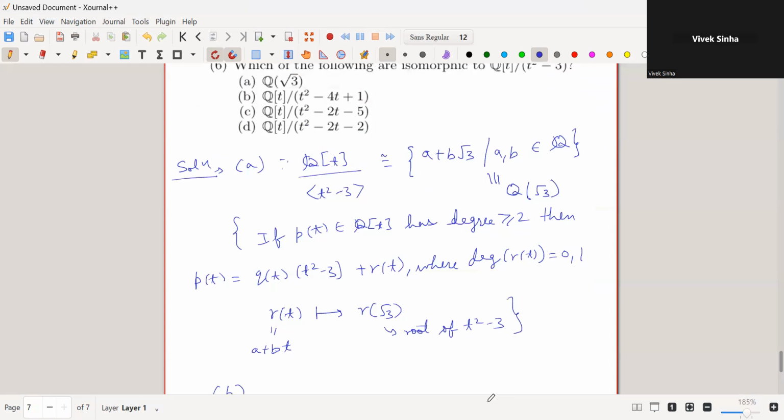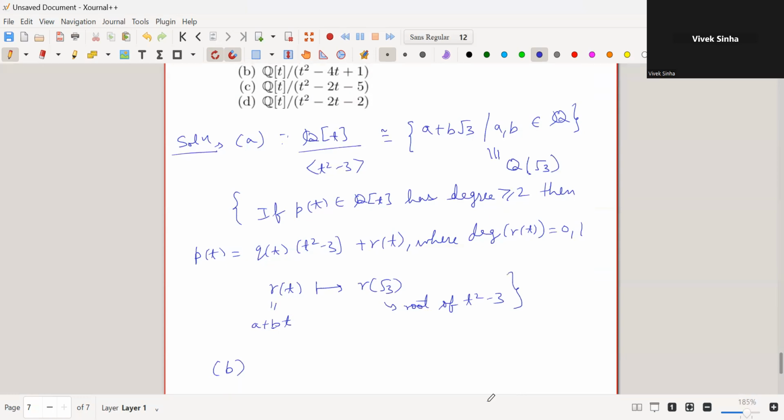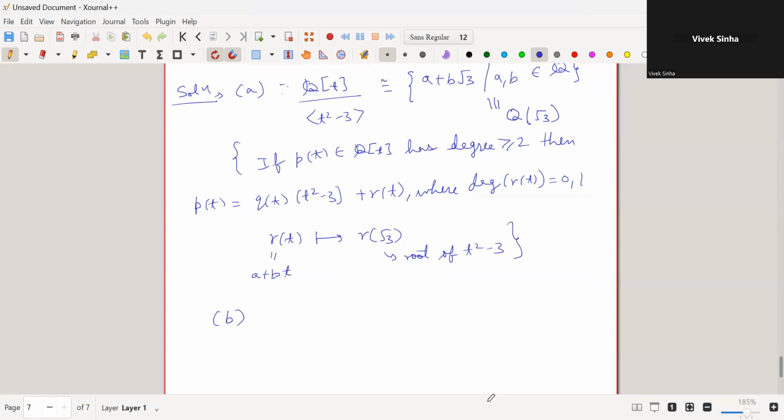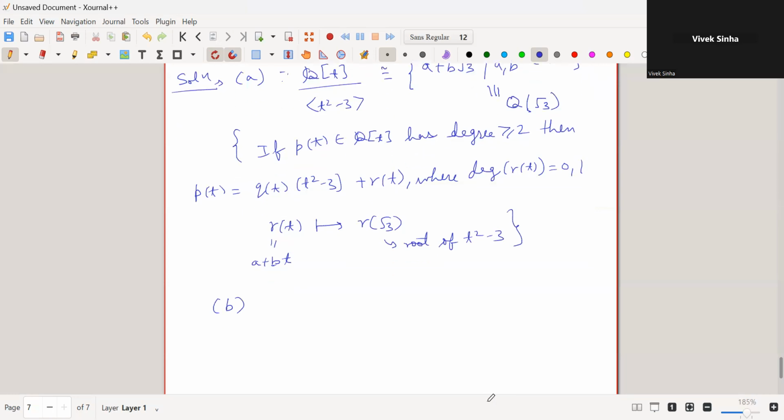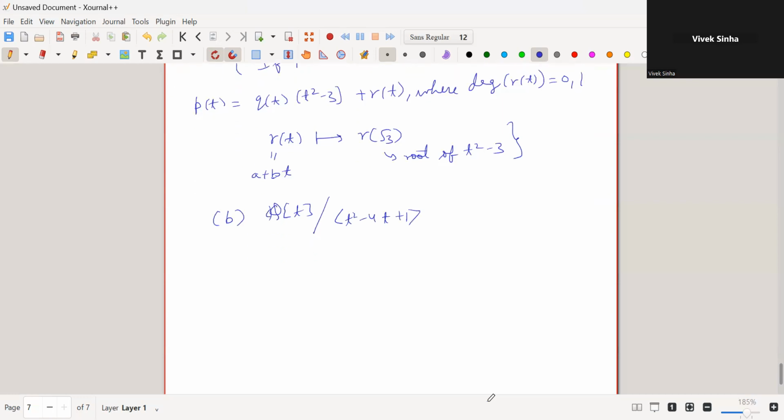The second one is t square minus 4t plus 1. So if it is isomorphic, then we must have the same root. So t square minus 4t plus 1 also should have the same root. So Q[t] modulo this polynomial, this ring.